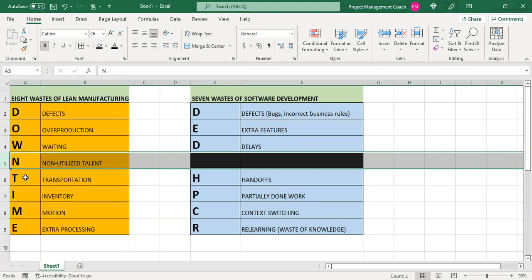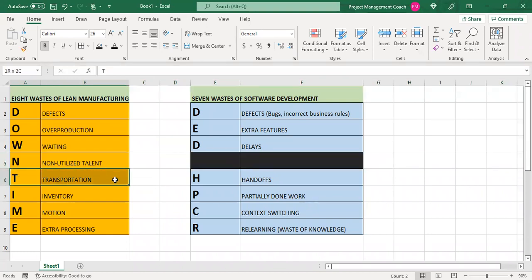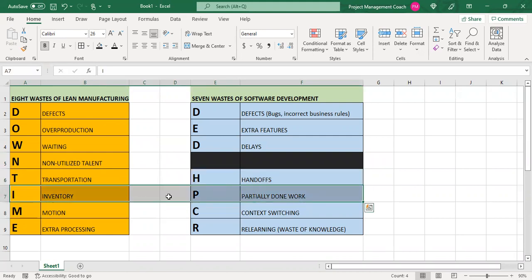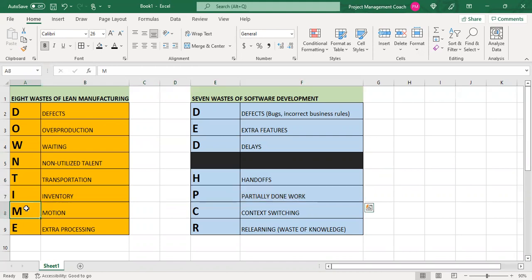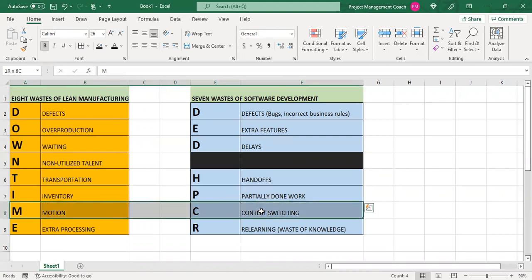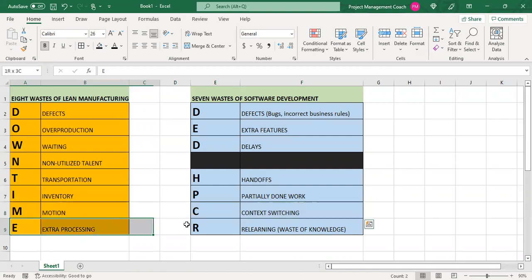Want to use those T-shaped scales, the broken comb, paint drip profiles. Why not use them? You got someone on the team who can. That's the mindset. All right, the T, transportation, equates to handoffs. The I, inventory, equates to partially done work. The M for motion equates to context switching. And the E, extra processing, equates to relearning or waste of knowledge.